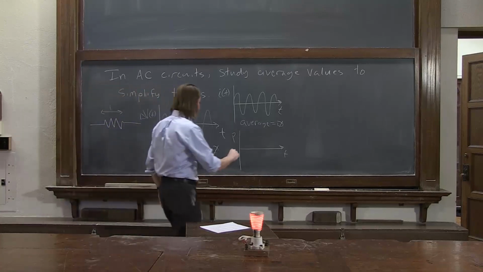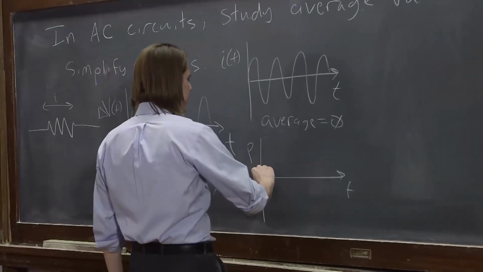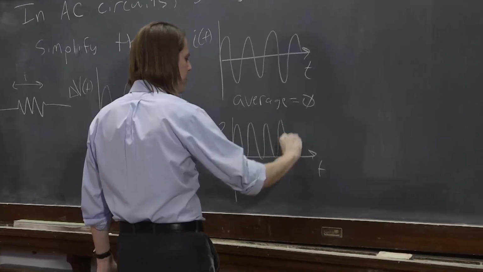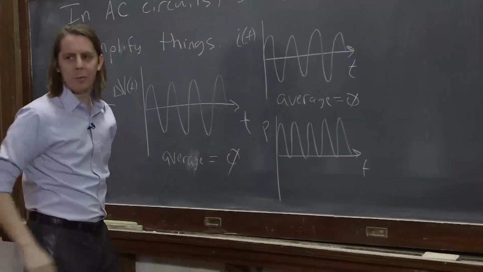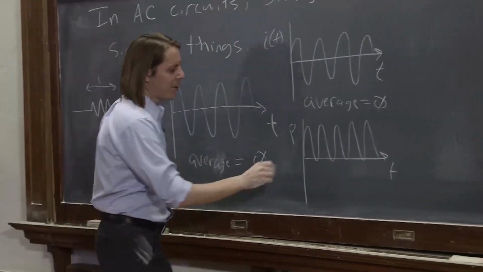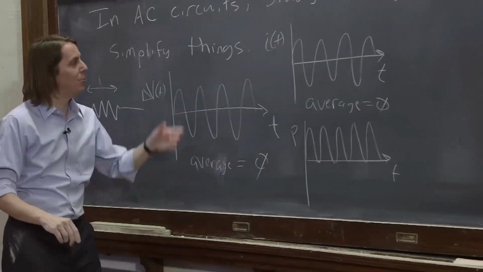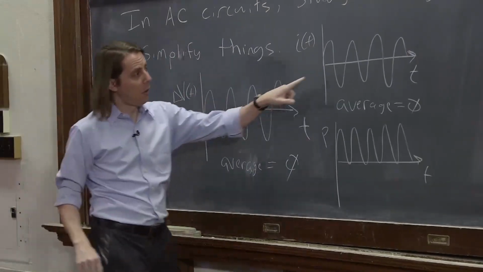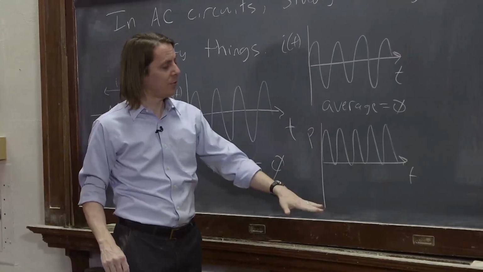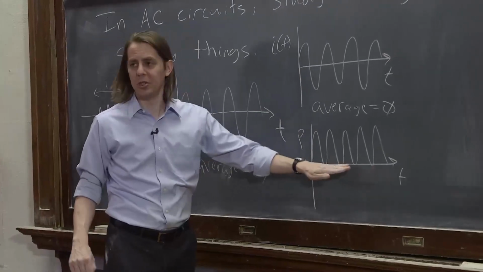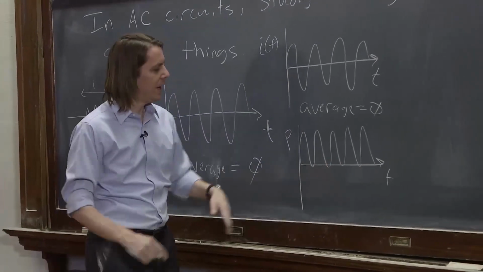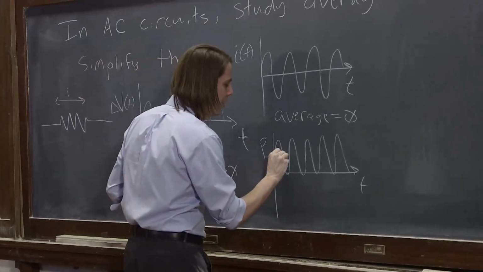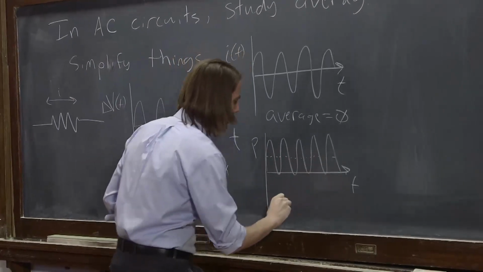So if we plot the power, it will be something like this. It'll be a sinusoid, a squared sinusoid, that's always positive. There are moments where the power is 0, just like there are moments when the current doesn't flow. Here, the power does hit 0, but it never goes negative. This is my poor chalkmanship here. It's always positive. The average of the power is also greater than 0.